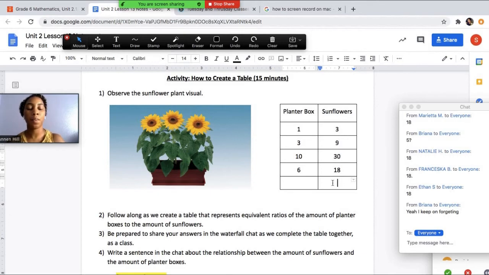Okay, last one. What if there were 15 sunflowers? So we're going backwards. If there's 15 sunflowers, how many planter boxes do we have? It's 10 seconds.